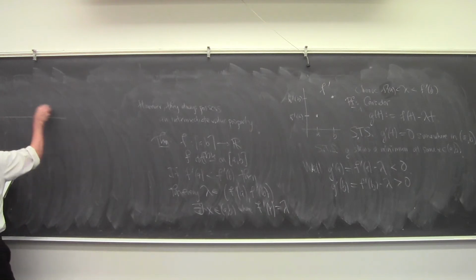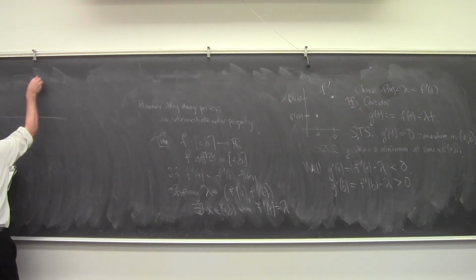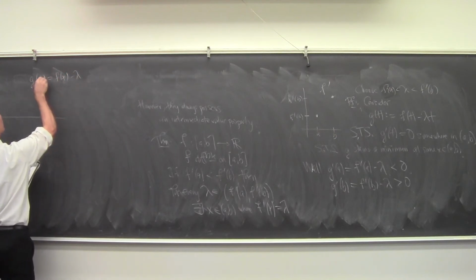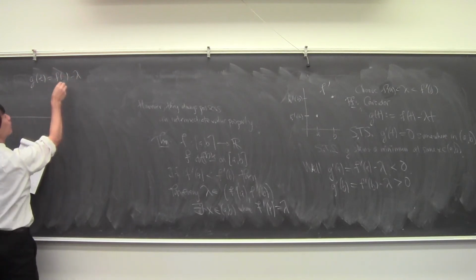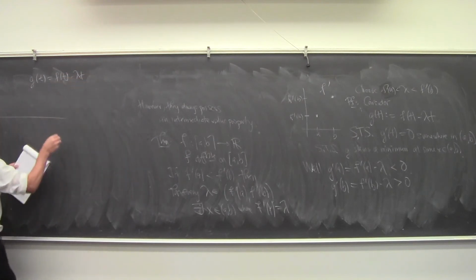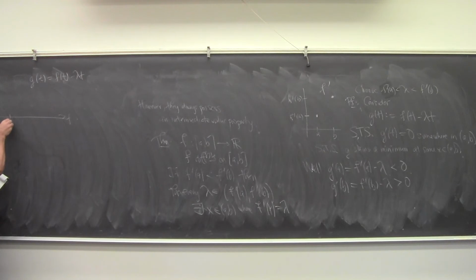So if we're looking at the function g, at a and b, we know that the slope here is positive, and the slope here is negative.